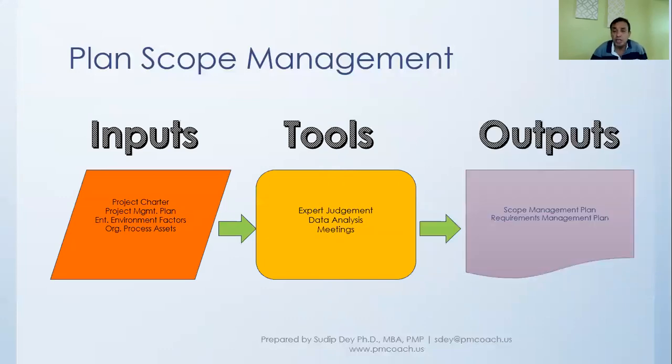And the outputs that come out, the two outputs primarily in the plan scope management, one is the scope management plan and one is the requirements management plan. These are the two plan documents that will come out of the plan scope management process.